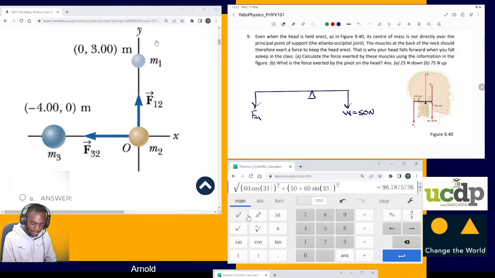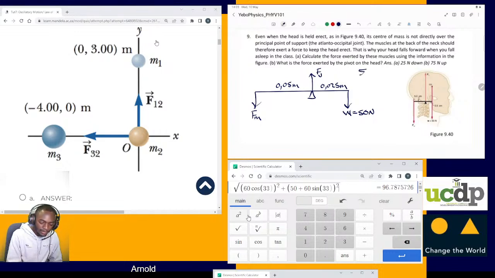That's a 5 kilogram head. Then we have Fj. Okay, so this is 0.05 meters. And this is 0.025 meters.